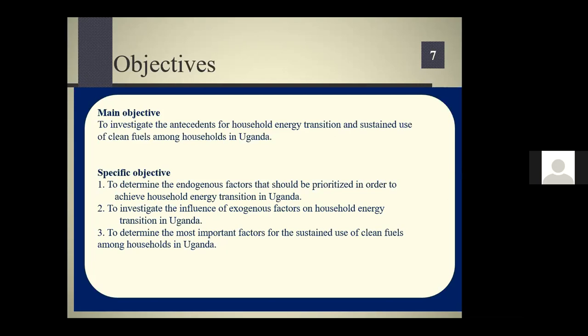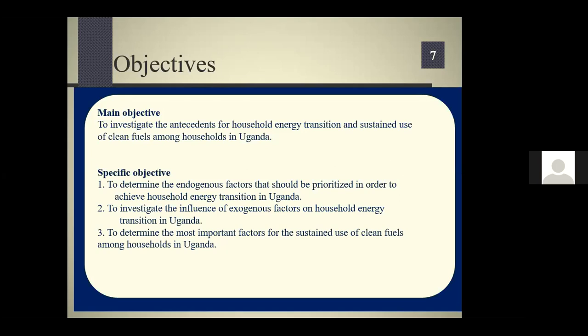There are two things in this main objective. One is we want to see which factors can influence a household's decision to move from fuel A, which is unclean, to fuel B, which is clean. But the other subsection is, even after the household has moved, what factors are responsible for that household to continue using that clean fuel? Because we have instances where people have moved and they have fallen back. So that is really what is ringing in my brain, and that's where I'm looking for your help.